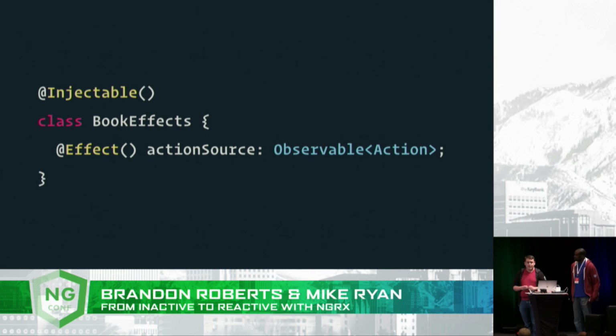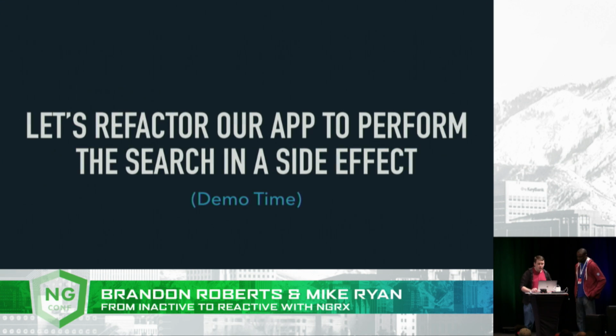They're injectable, and they're going to have these properties on them of action sources that ngrx effects should subscribe to and dispatch back to the store. We need to hint to ngrx effects which properties to subscribe to, and we do that with the effect decorator. So let's go ahead and refactor our app and move that search request out of our component and into a side effect.